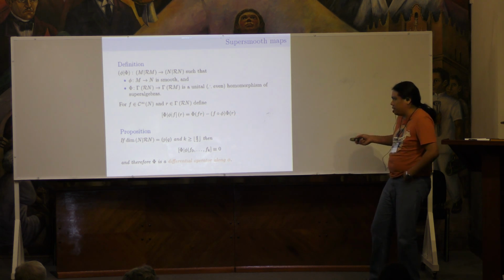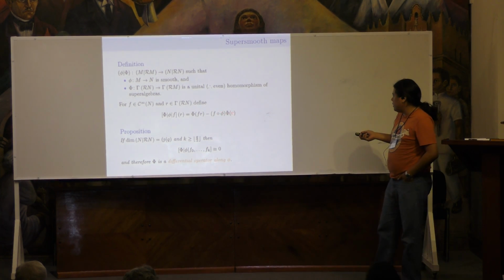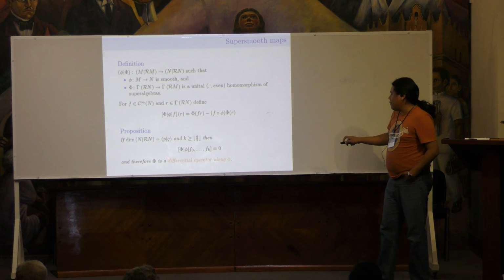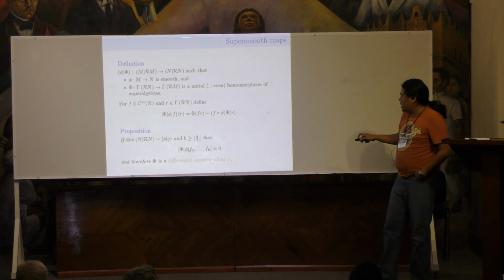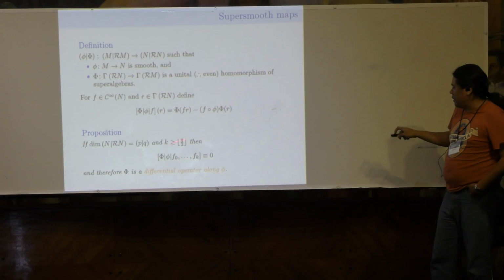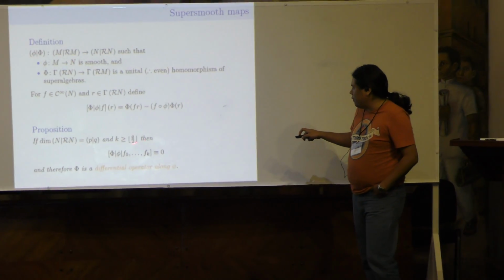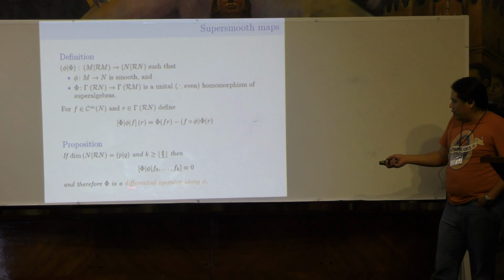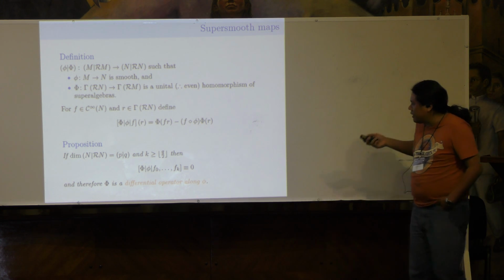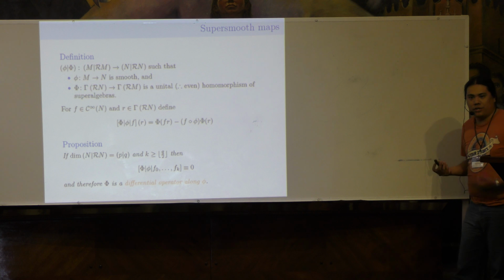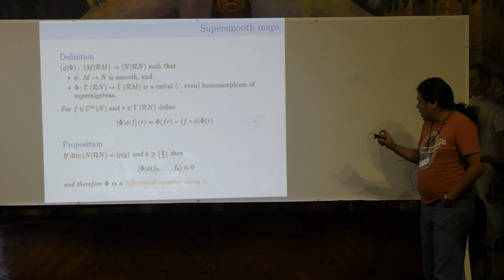This is also a section of another vector bundle over another smooth manifold, but this is a function over that manifold, and we can prove that, first of all, this iterated commutator is independent of the order in which you insert smooth functions, and if you exceed the integer part of q over 2, where q is the odd dimension of the codomain, then you get 0, and that's why we say that big phi is a differential operator along little phi, meaning that if m equals n and little phi is the identity, we recover a characterization of a linear differential operator.